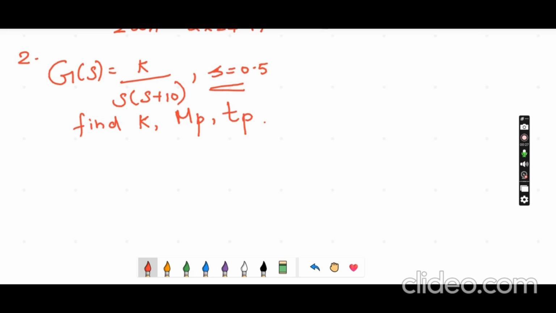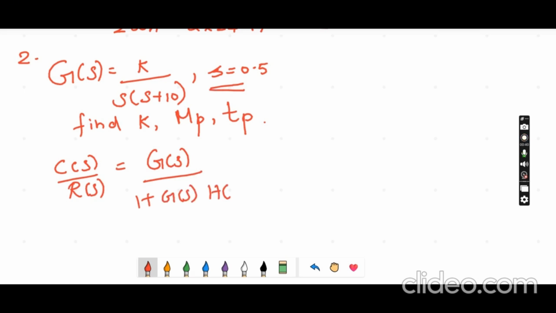In order to obtain these terms, we first have to obtain C(s) by R(s), which is equal to G(s) by 1 plus G(s) into H(s). For a unity feedback system, we all know that H(s) is equal to 1.